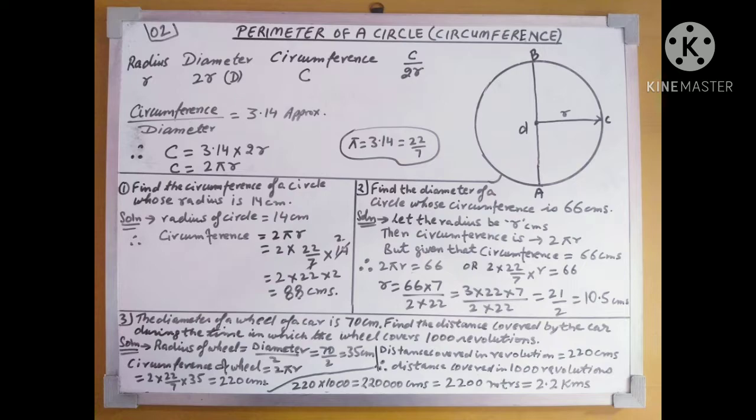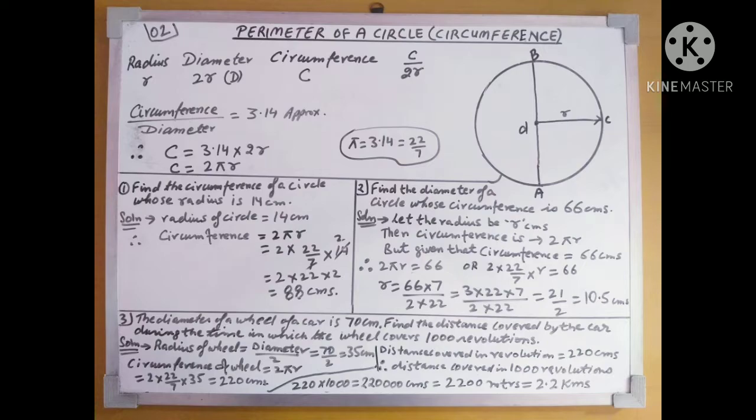And the circumference of this wheel will be 2 pi r, that is 2 into 22 by 7 into 35, which on simplification will give us 220 centimeters, that is 2.20 meters, right? There is no issue. You can keep the units as centimeters itself and keep on calculating further, right?